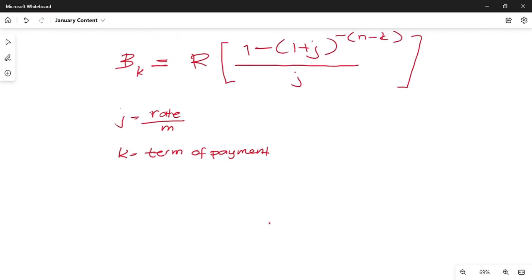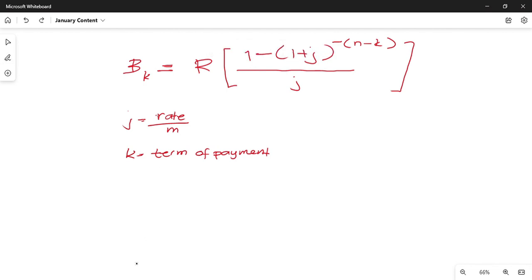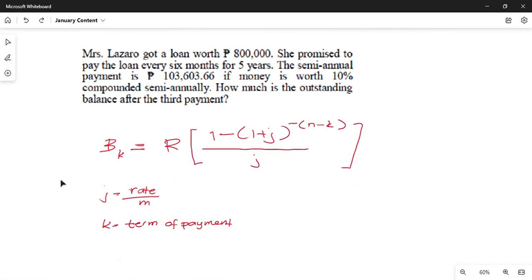So we just plug in our values. Let's just write down the givens first.